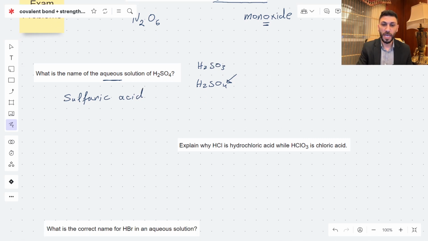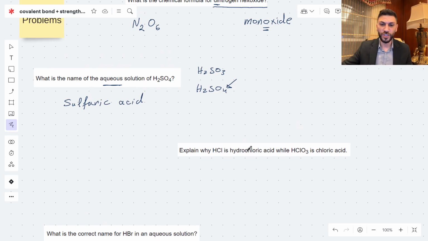All right. Explain why HCl is hydrochloric acid while HClO3 is chloric acid. See the difference between them? HCl is a hydrochloric acid, and the HClO3 is the chloric acid.